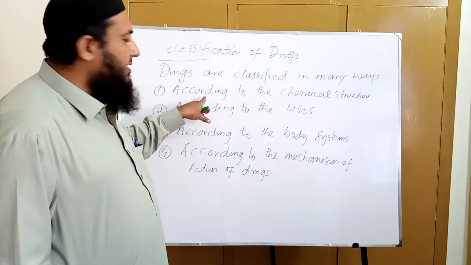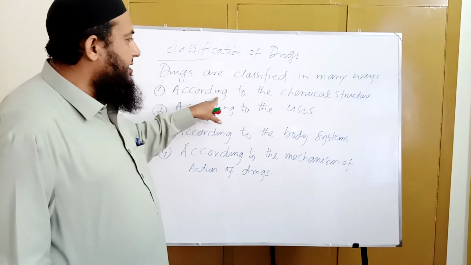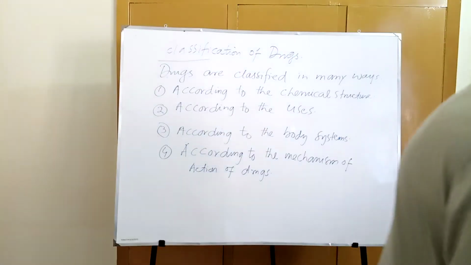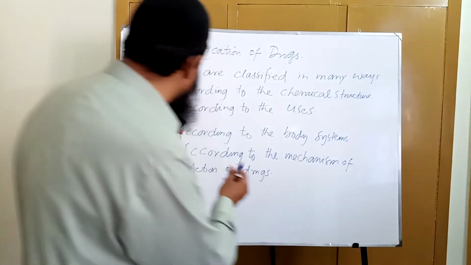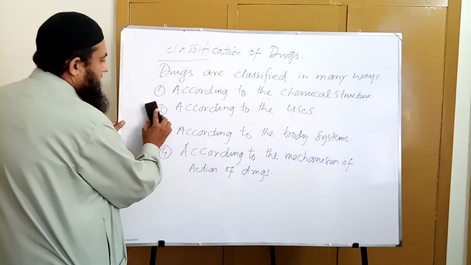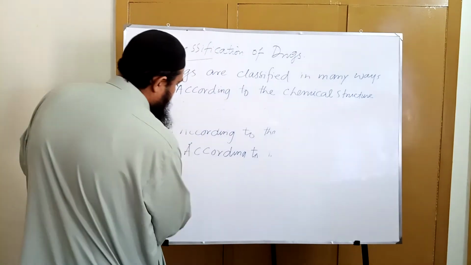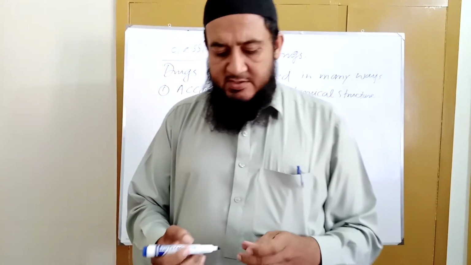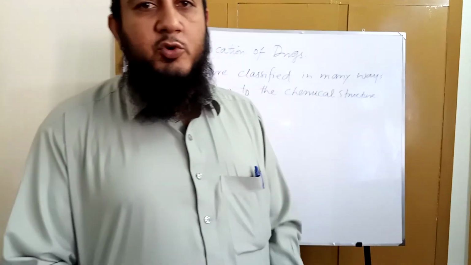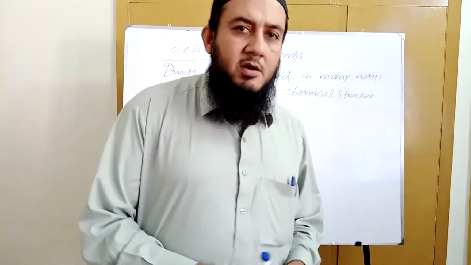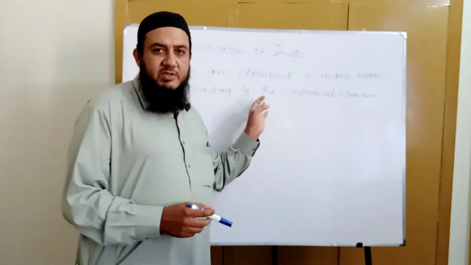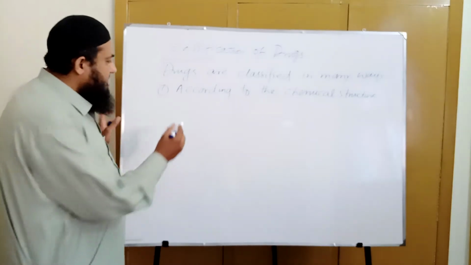So first of all, with the examples, according to the chemical structure. Drugs are chemicals, so there are a lot of groups and classes of chemicals. I will tell you some examples.